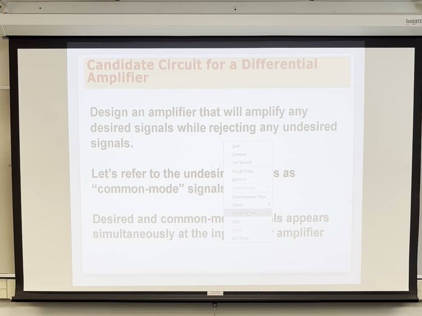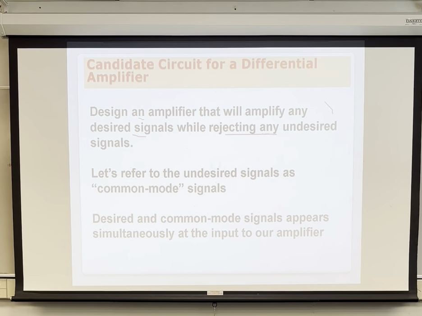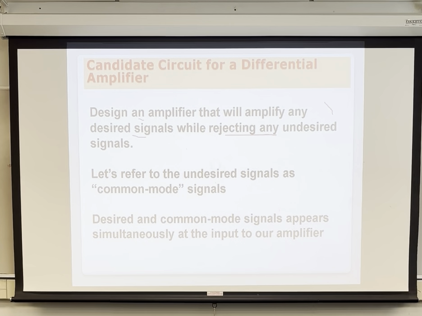Well, this word "any" matters. The low-pass filter will only reject the frequency that you designed it to reject. This particular amplifier will reject any undesired signal. So it's like having a million low-pass filters for any frequency that tries to pass through it. That's very unusual for a circuit to have.